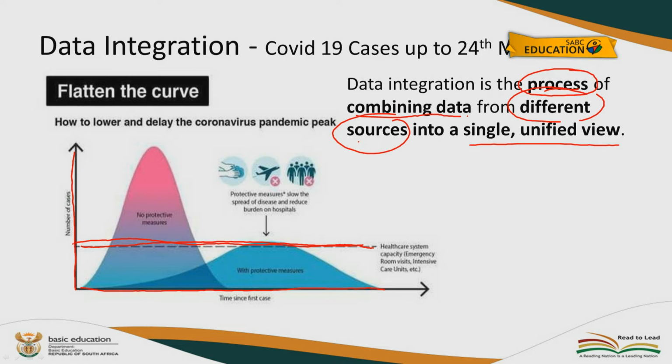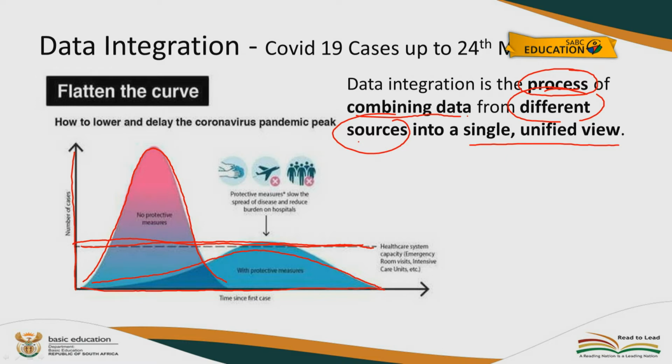The line that occurs shows you the infection rates. When we're talking about flattening of the curve, we are trying to get the line below our capacity. Why? We need to always ensure that we have more beds and medical facilities available than infection rates.